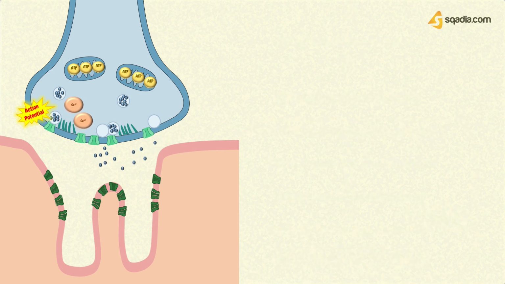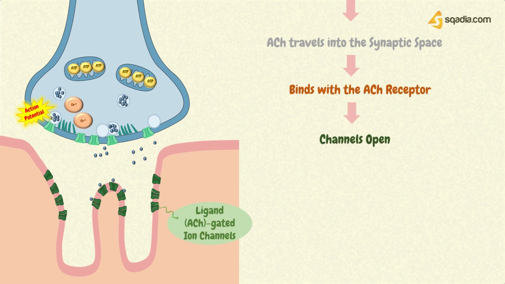The released acetylcholine then travels into the synaptic space and binds with the acetylcholine receptors on the muscle membrane. When acetylcholine attaches to the receptor, a conformational change occurs that causes the channel to open. This channel allows positive ions like sodium, potassium, and calcium to pass through it. Due to a high concentration and electrical gradient, sodium has most affinity.